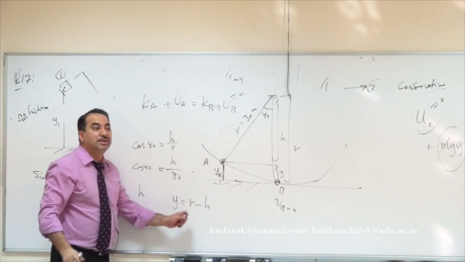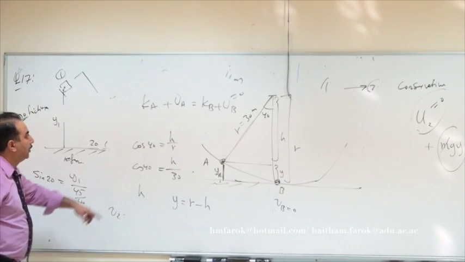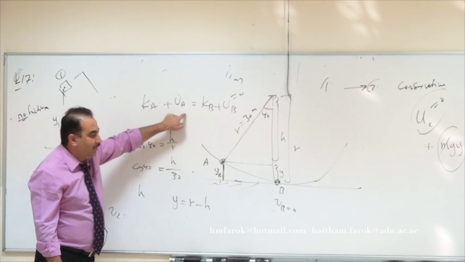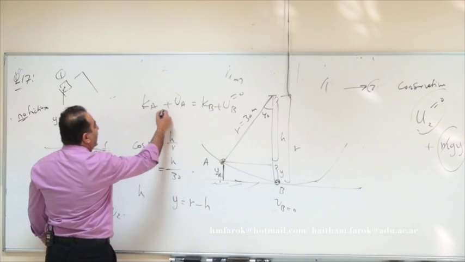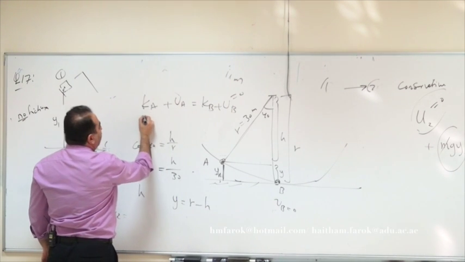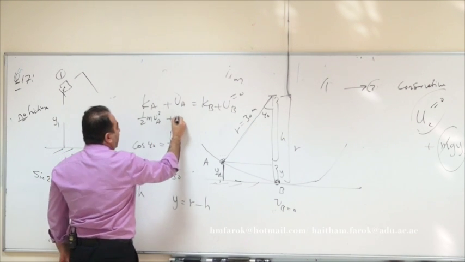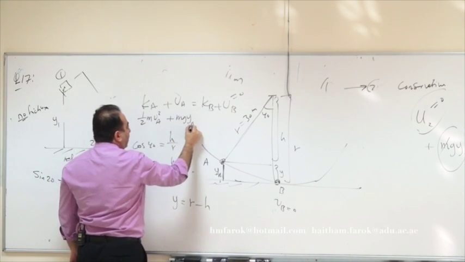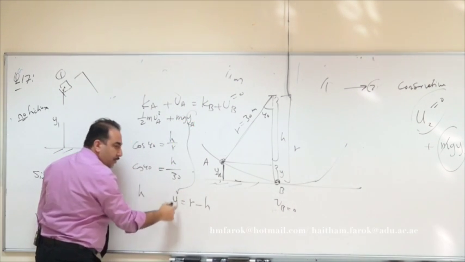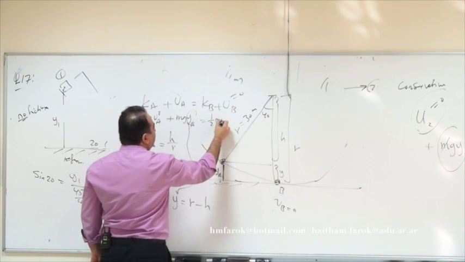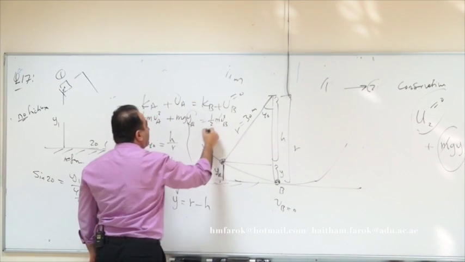Why do we do this? Because you need y where? yA, to the reference, yeah? So do this and then substitute. Kinetic at A is half m v squared at A. Potential at A, m g yA. And how do you find yA? Kinetic at B, half m v squared at B. You don't need the mass.